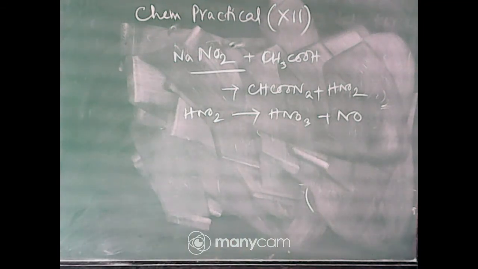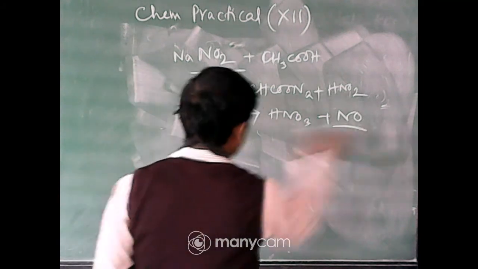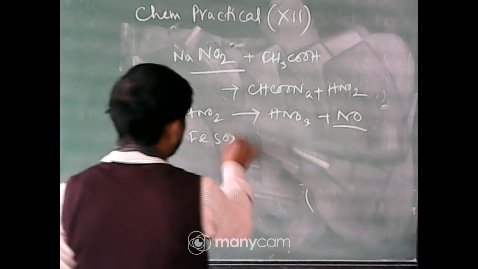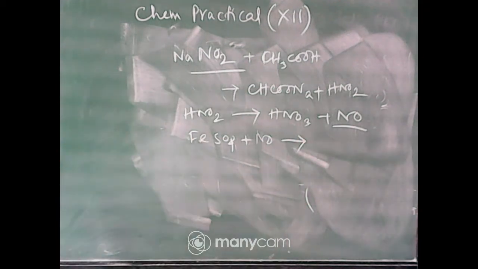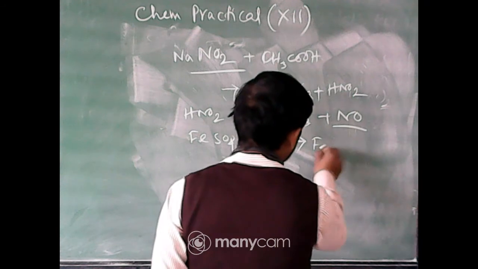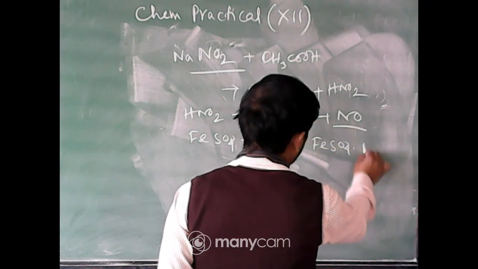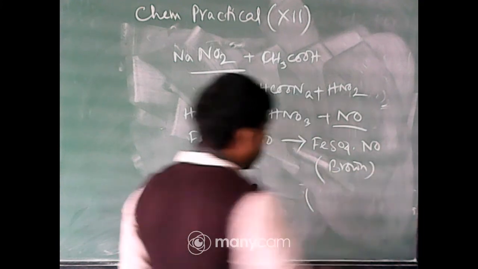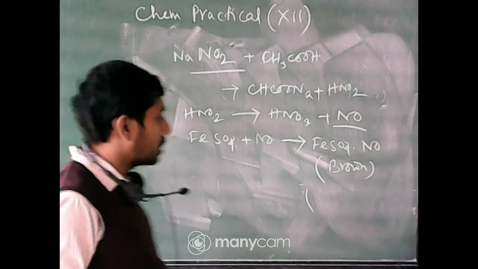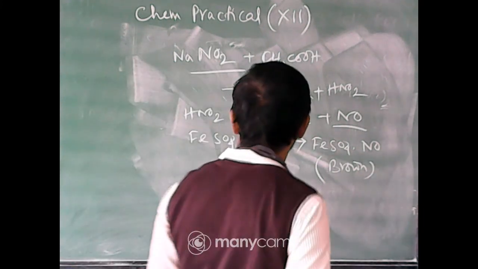And when we add ferrous sulfate, FeSO4 plus NO will combine to produce the dark brown compound FeSO4·NO. This is of brown color. This is the confirmative test for nitrite. Clear?